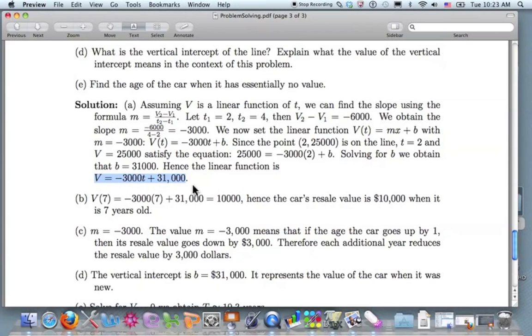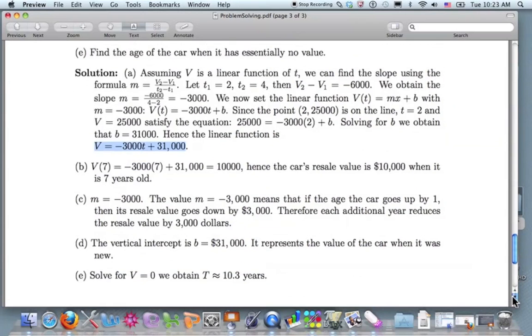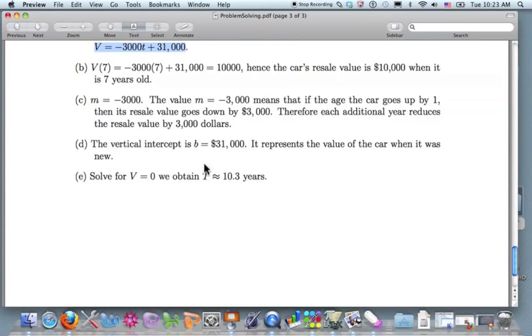So solve this equation: 0 equals negative 3,000 t plus 31,000, and we get t is about 10.3 years. That's probably all you need to work with homework questions and also the quiz questions.